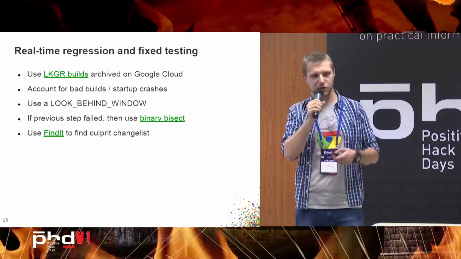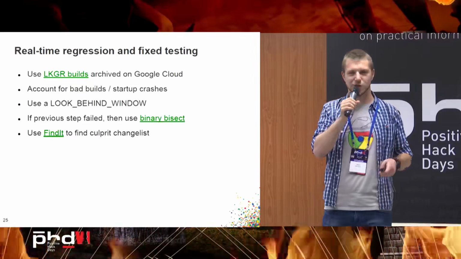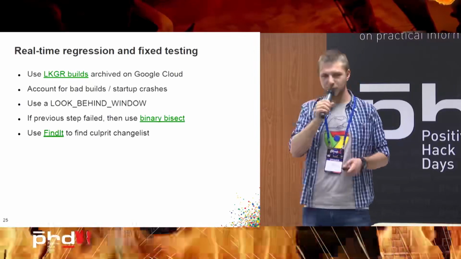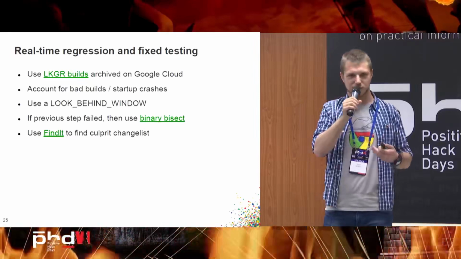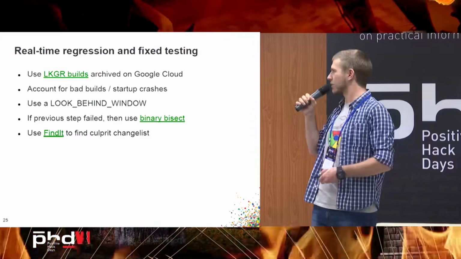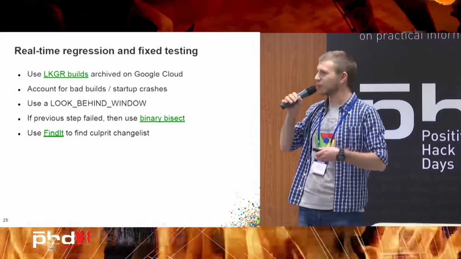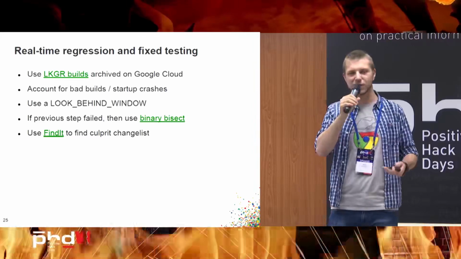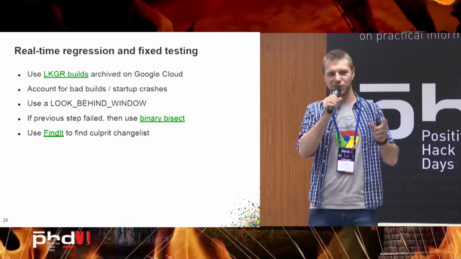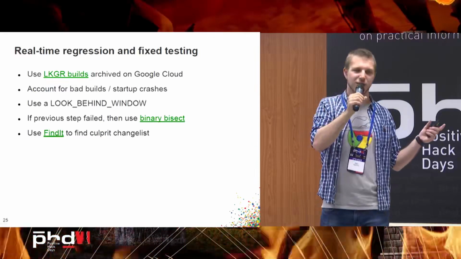Next one is regression, checking, and fixing. Well, it certainly pays off to use the latest builds before they've been hacked. Gotta account for bad builds. Because we sort of assume we will find a recently added bug.